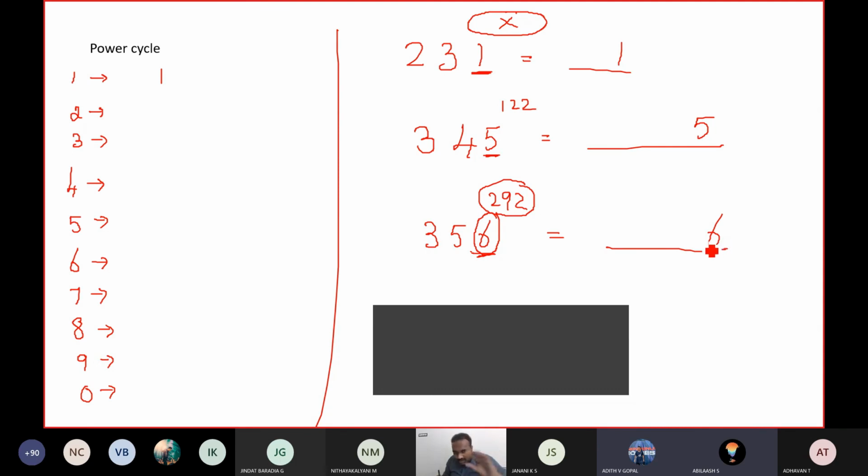So any number that ends in 6 power any number will end in 6. Same way, if a number ends in 0, power any number, it will definitely end in 0. So the power cycle of 1 is always 1, 5 is always 5, 6 is always 6, and 0 is always 0. So these are the easier ones.